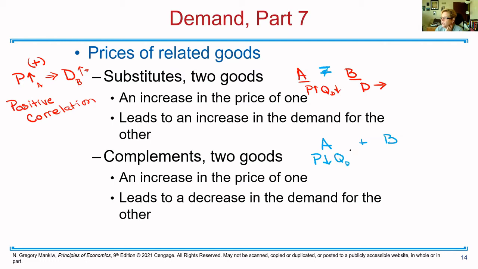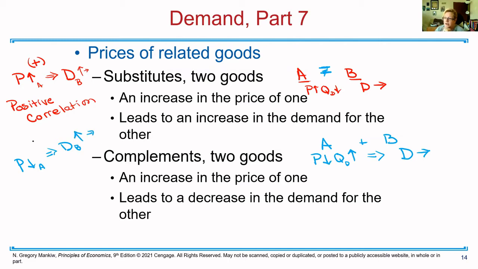Now here in complements, as the price of remotes decreases, the quantity demanded for remotes increases, all else held constant. And that then causes the demand for remotes to increase. I'm sorry, demand for batteries to increase. So what we have under complements, notice that as the price went down of good A, the demand for good B increased or shifted outward to the right.